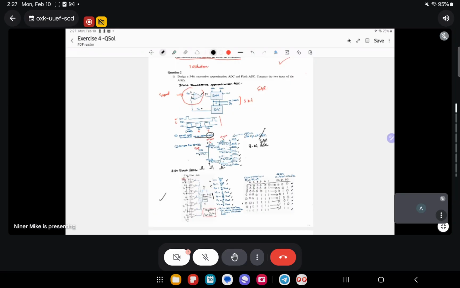Okay. In other way, I ask you also the next question: which one is complex compared to these two types of ADC? Which one is simple? Which one is complex?